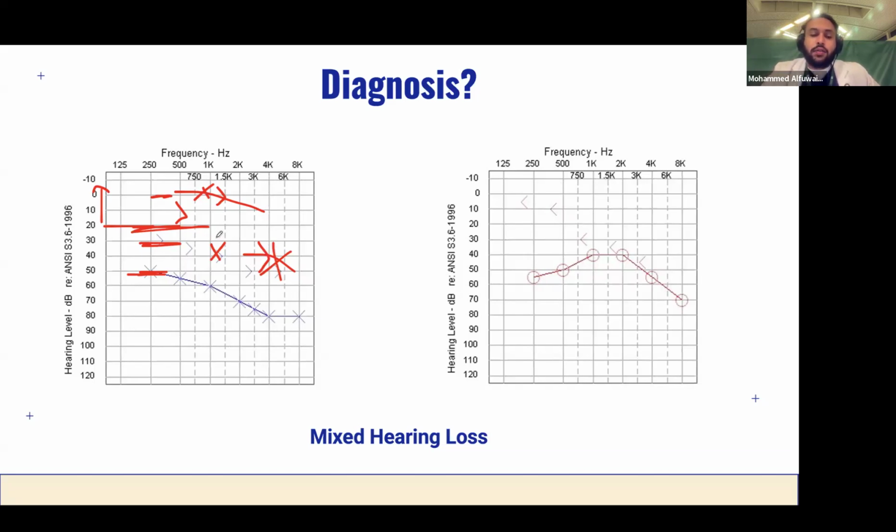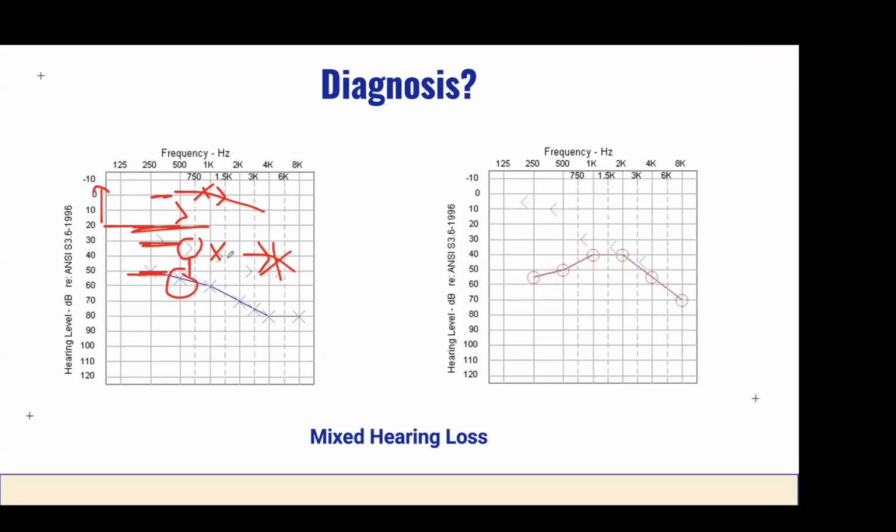Sensorineural. If bone plus air are below 20, but there's a gap between them, telling you that bone is better than air, it's mixed, but they're both affected. Does this audiogram stuff make sense? Yes. This will come in the exam, most likely.